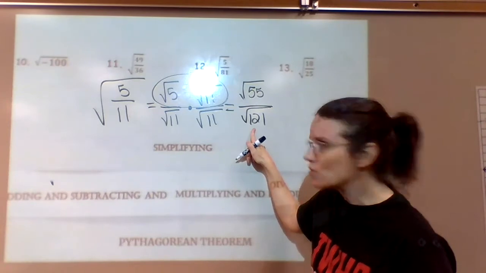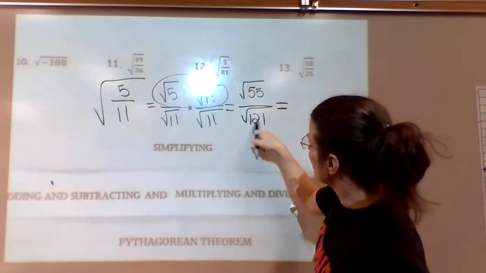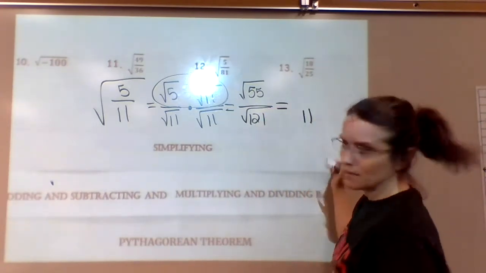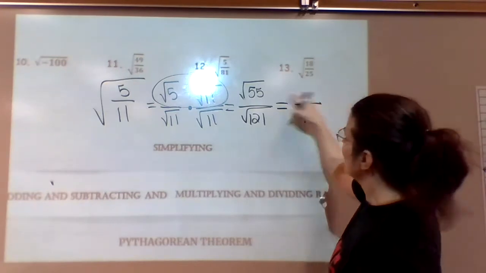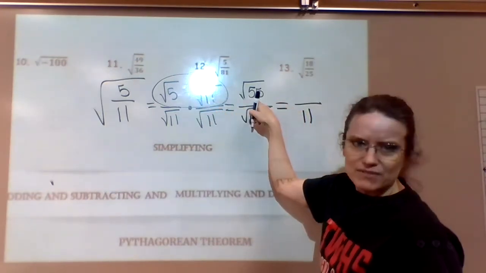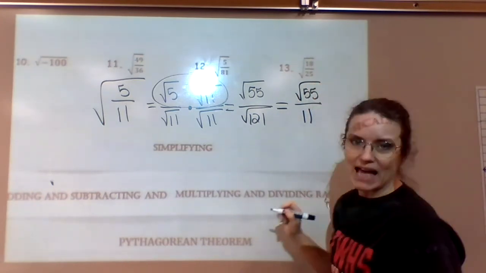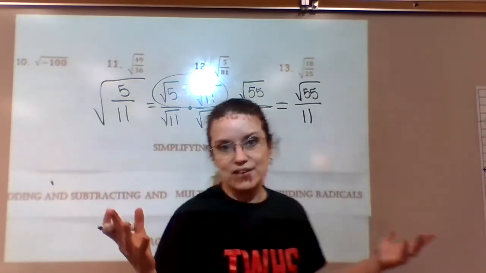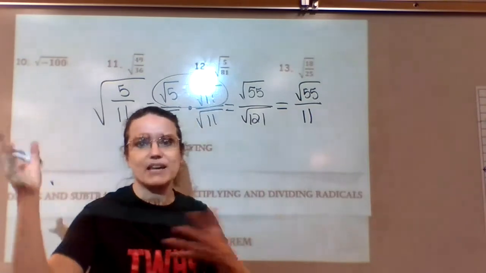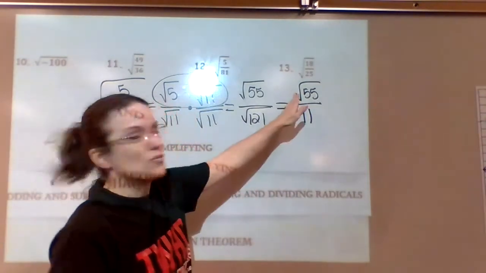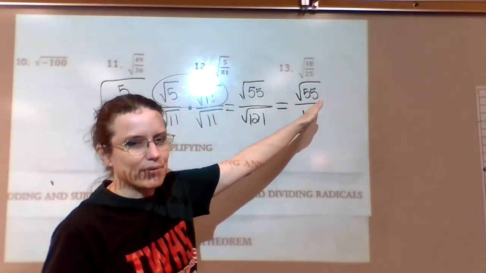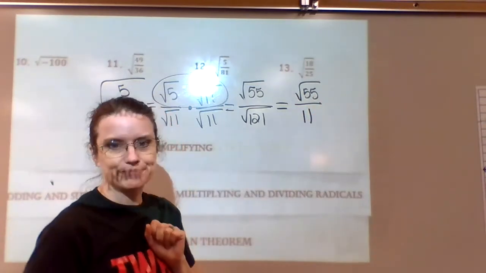That's a perfect square. And so the square root of 121 is just the number 11. And on top, 55 doesn't have any perfect squares hiding in it, so I'm just going to leave it as whatever the square root of 55 is. It's 7 point something or other that we don't know, and so we leave it like this because this is a lot prettier than a decimal that goes on forever.